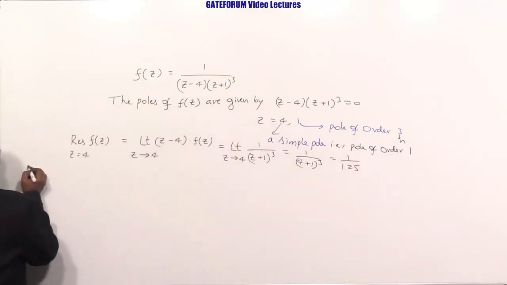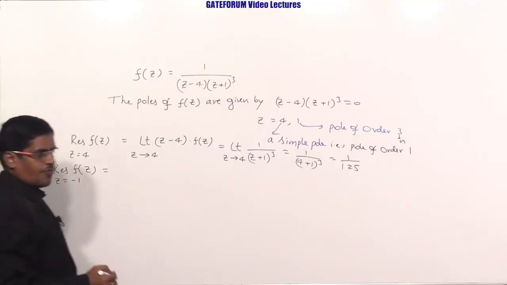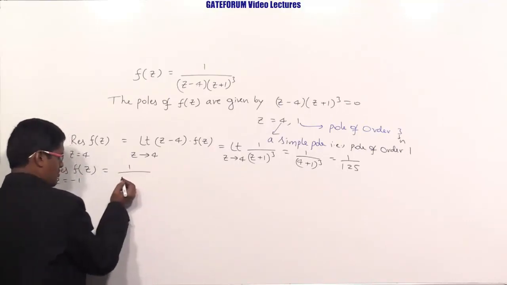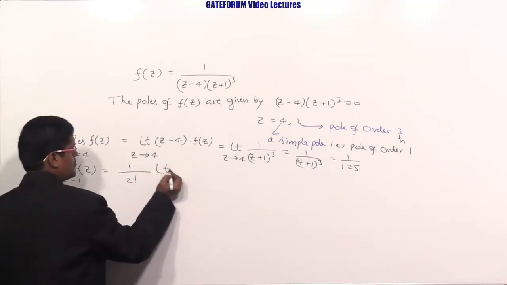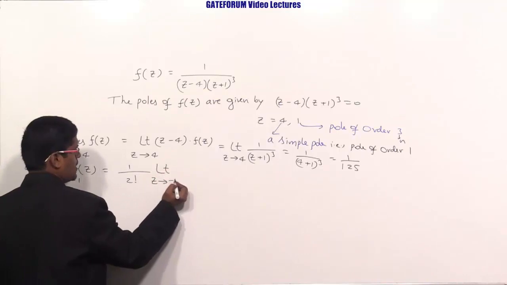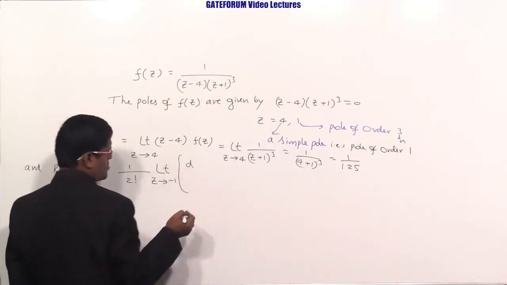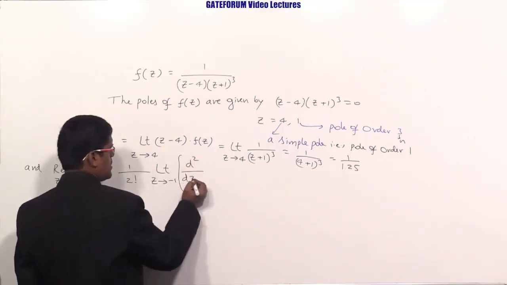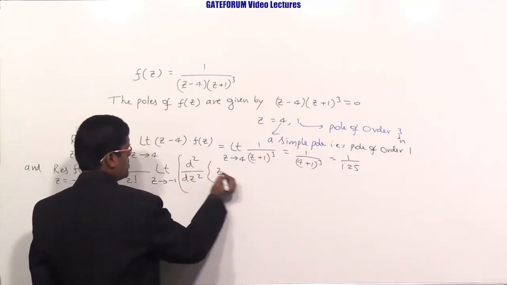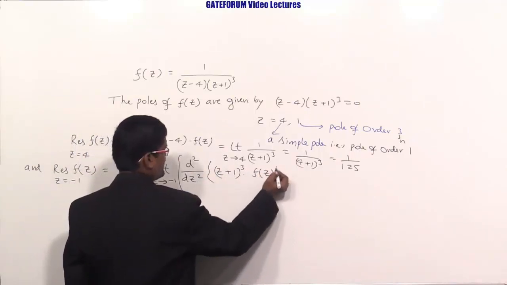Okay, next, the residue of f of z at z is equal to minus 1, because it is a pole of order 3. That means 1 by (n minus 1) factorial, that is (3 minus 1) factorial, 2 factorial, limit z tends to a, where a is the pole, here minus 1, operated on d to the power n minus 1 by dz to the power n minus 1, that is n minus 1 derivatives, where n is equal to 3, so it simplifies to d square by dz square of (z minus a) whole power n, that is whole cube, into f of z.